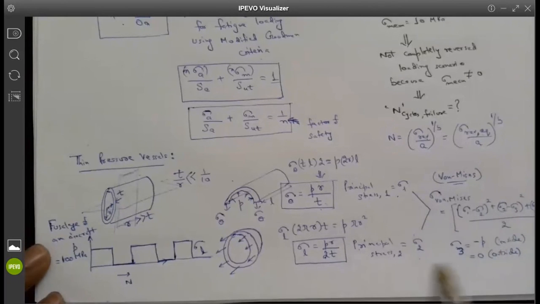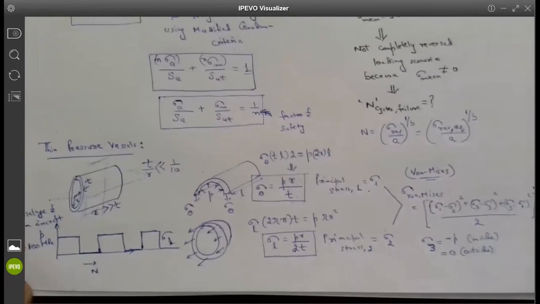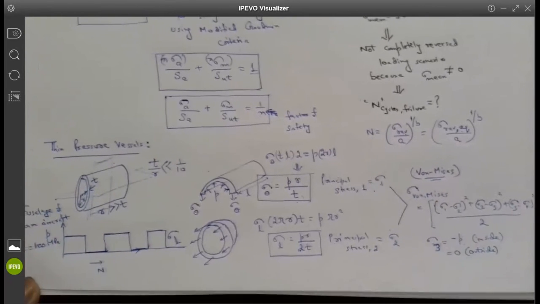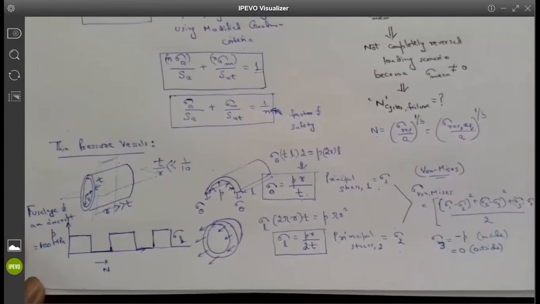And then I can combine all these into one number, which we call von Mises stress. So using this pressure cycle, I can calculate my von Mises stress. Correct, guys? Does everybody follow what I'm trying to say here? Yep. So can somebody tell me what would be the mean and what will be the amplitude of this von Mises stress?